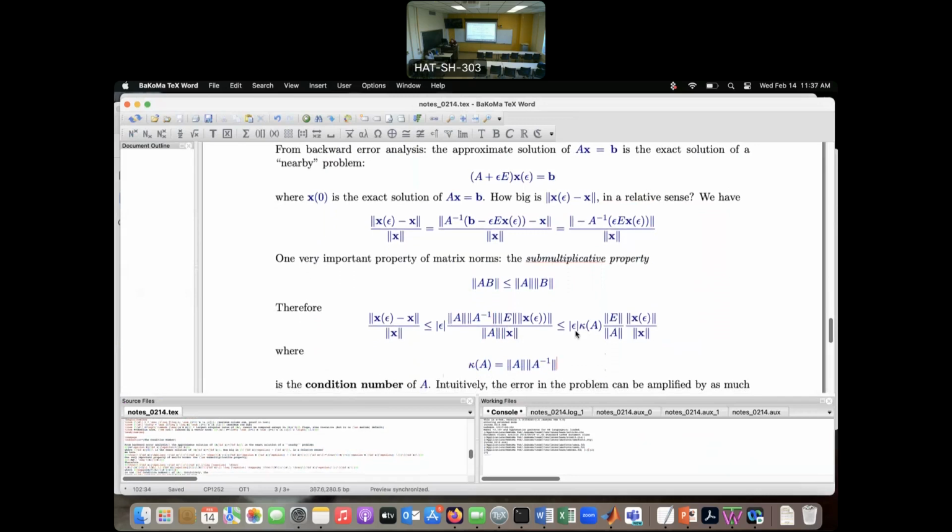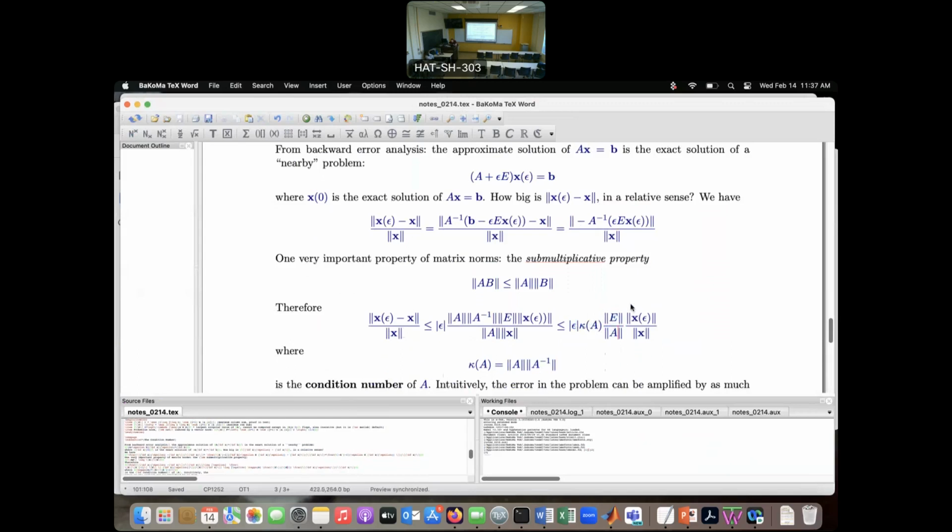So now what do I have? The relative error is bounded by the magnitude of the perturbation of the problem, the condition number of A, and then I have this. This is the relative change in the problem, because I start with matrix A and I perturb it by epsilon E. So the epsilon and this fraction here represent how much the problem has changed in a relative sense.